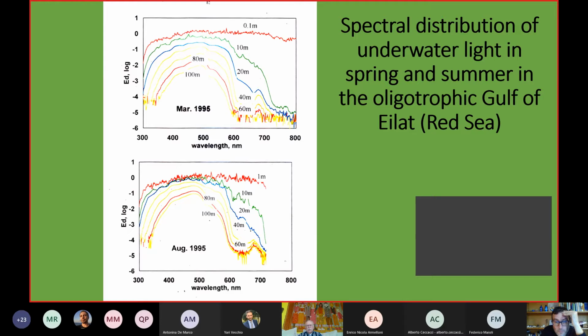Pay attention, the bottom line is the color, actually, the wavelength, and you can see very clearly that at the surface we have the entire spectrum, and as we move further down, you can see that the red is absorbed very readily, and there is a major difference between these two situations.